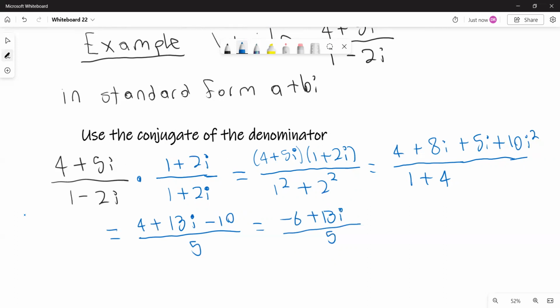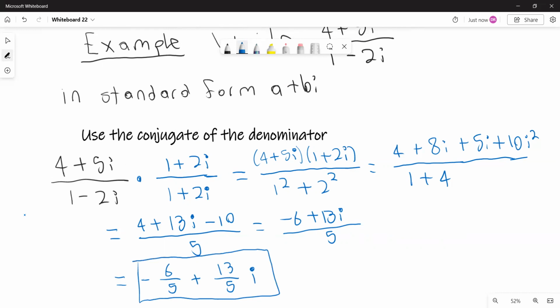And finally, to write in the form a plus bi, we're going to separate the terms. This is minus 6 over 5 plus 13 over 5i. Okay, so that is the final answer.